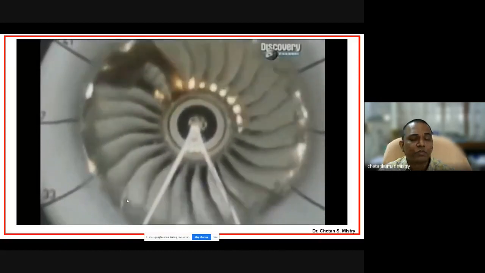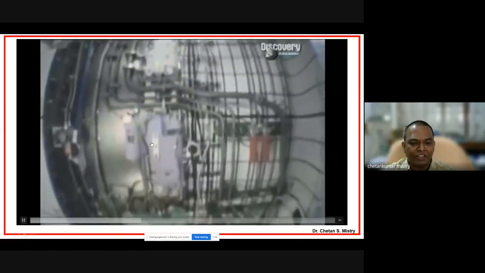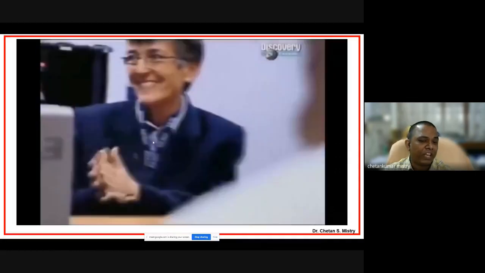Many times, because of flying hours and the properties of the material, it may be possible to have this kind of failure. So they need to test that.